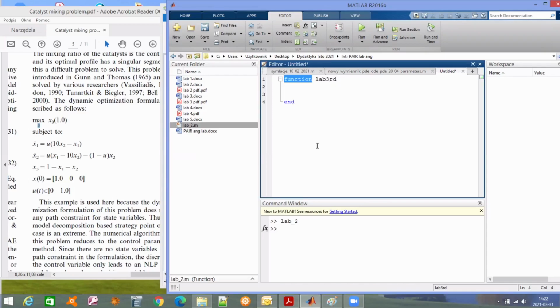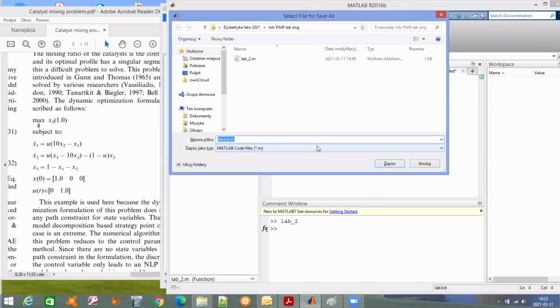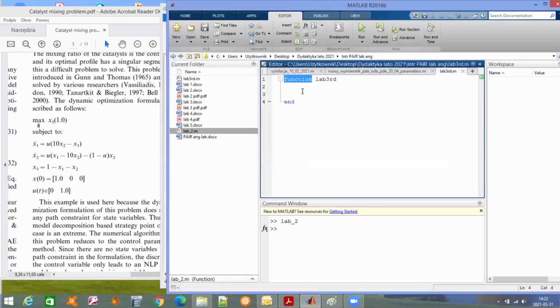So first we make a function. You can see if it's working. It's working.